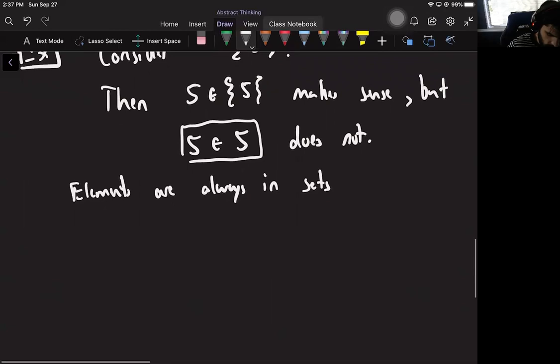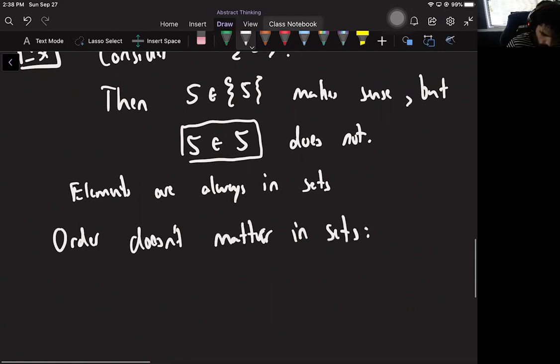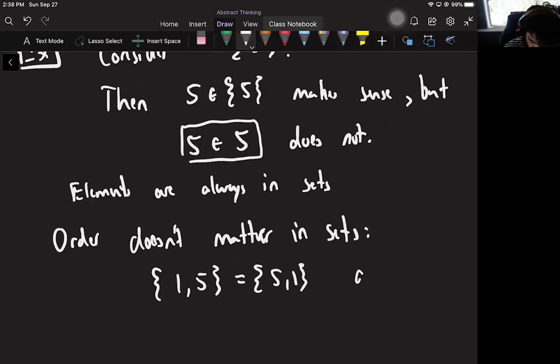One more little subtlety is that order doesn't matter in sets. So you could say something like the set with 1, 5 in it, or you could say the set with 5, 1, and they're the same.